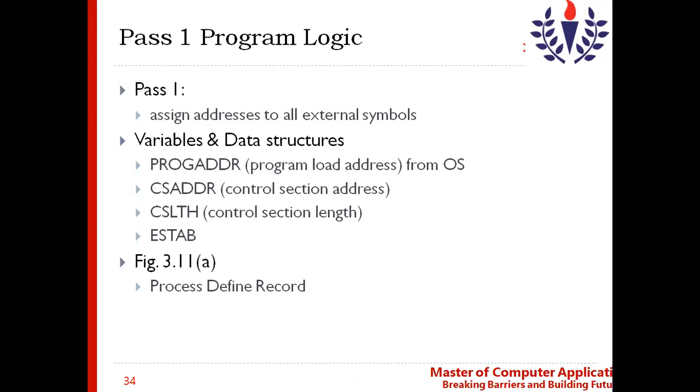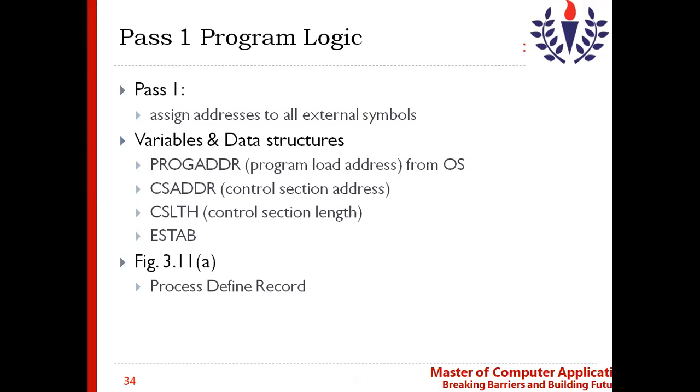Those list of symbols would be available in the define record, as we discussed with the different control sections in the previous class, where I mentioned the EXTDEF and EXTREF. EXTDEF is an assembly directive which is used to denote the symbols which are defined in that particular control section.